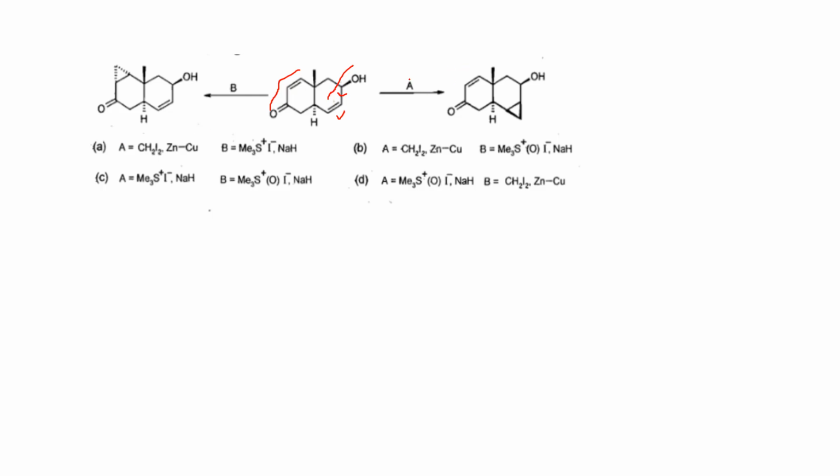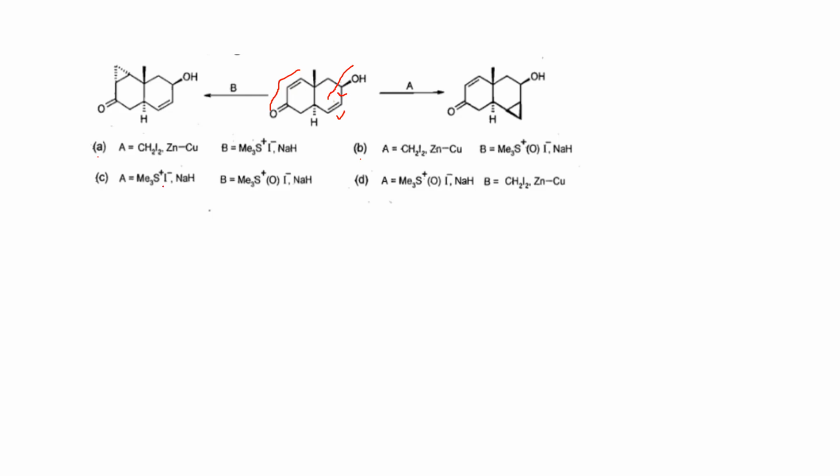Obviously for reaction pathway A you need this type of reagent, because for the cyclopropanation reaction only this reagent can react with the electron rich double bond. So among these, option A and B can be our right one.